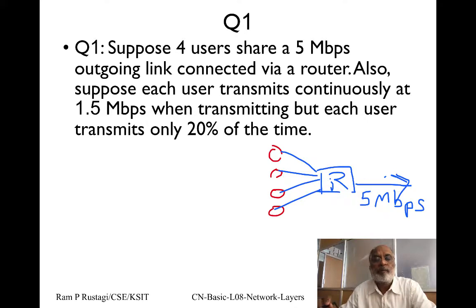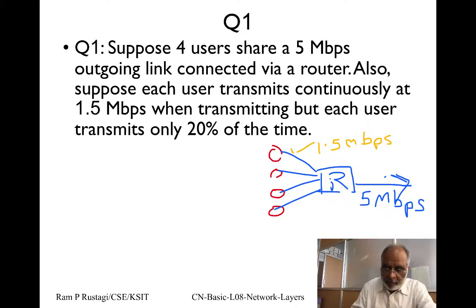And when a user transmits, each user takes 1.5 Mbps whenever the user transmits, but each user transmits only 20% of the time.